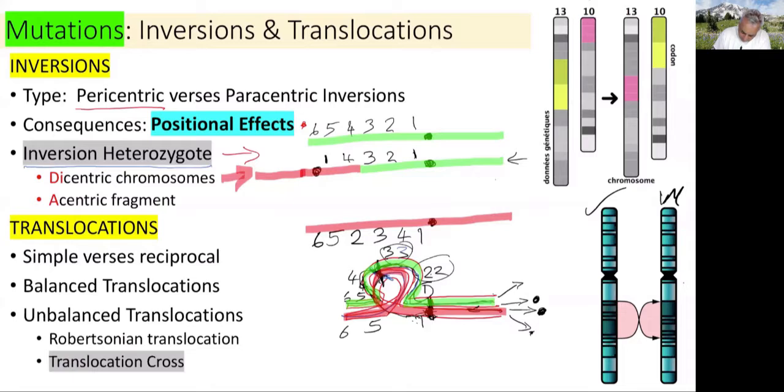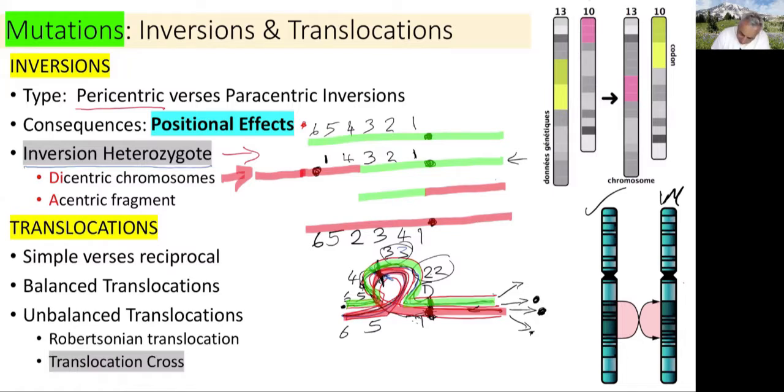So what we'll find is that we have a region of green with a region of red, like that. And there's no centromere. So what does that correspond to? Let's use our pencil to dictate that. So we're starting on the green here, and we're following the green as we go around, and then we cross over, and then we come down this way, right?